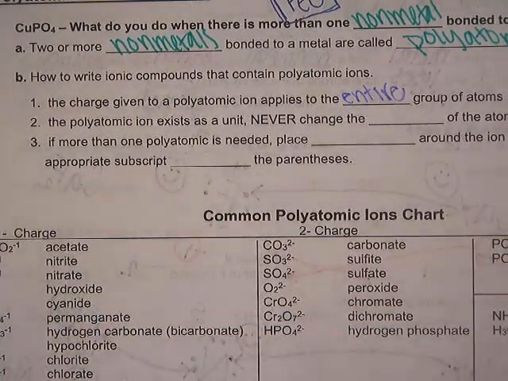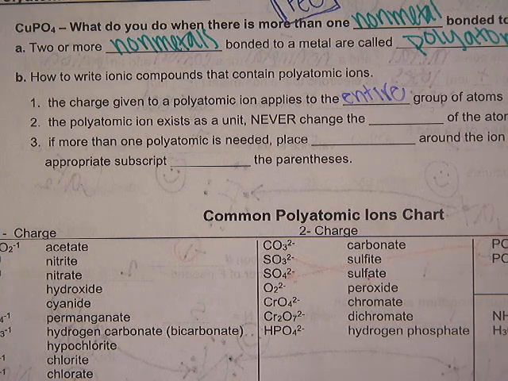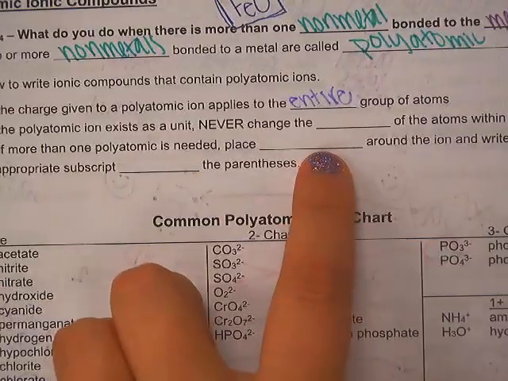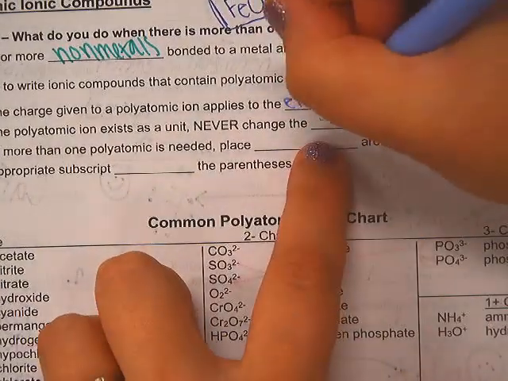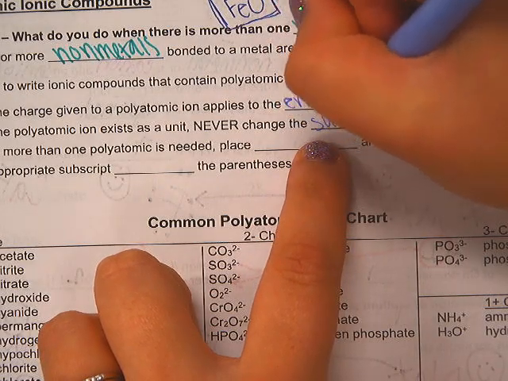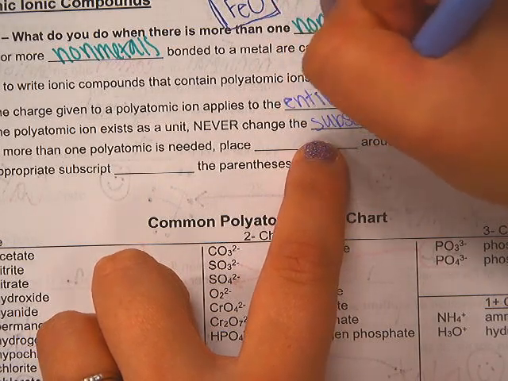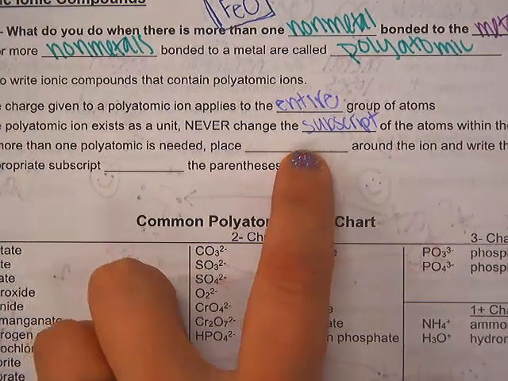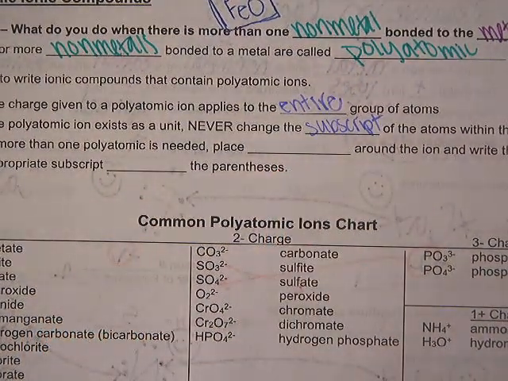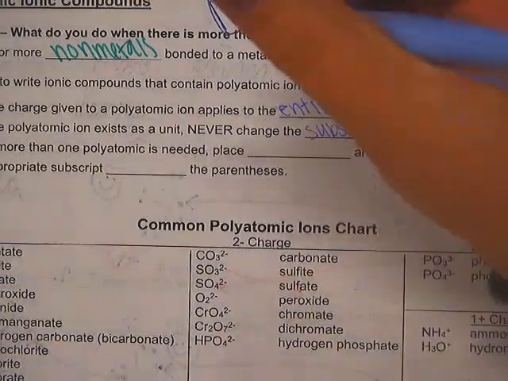The polyatomic ion exists as a unit, and you will never change the subscript of the atoms within the ion. And if more than one polyatomic is needed, you will place parentheses around the ion and then write the appropriate subscript outside the parentheses.